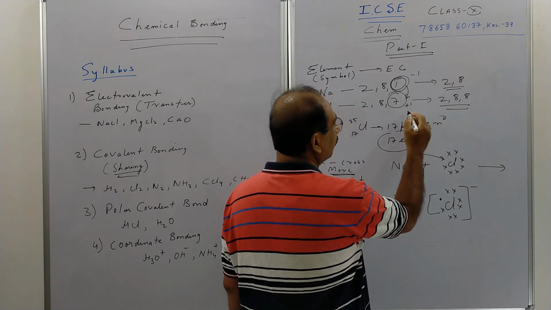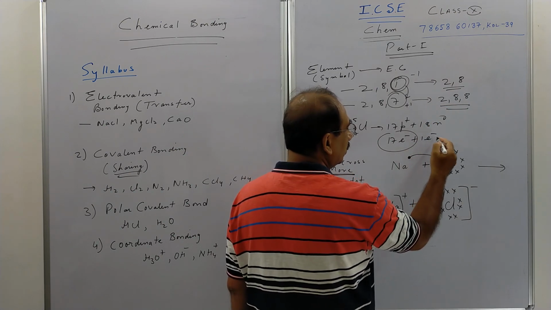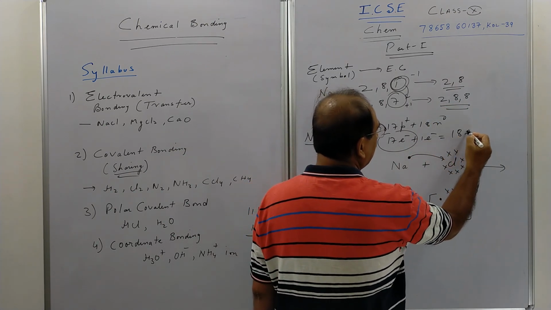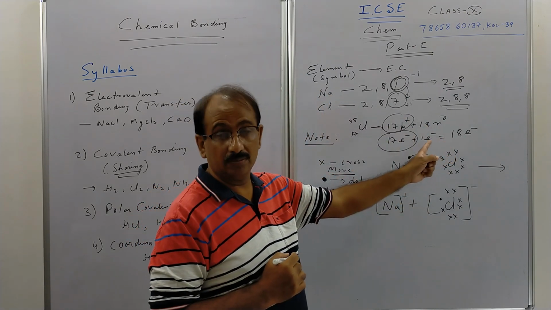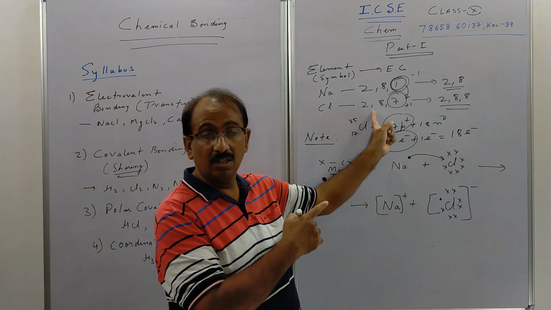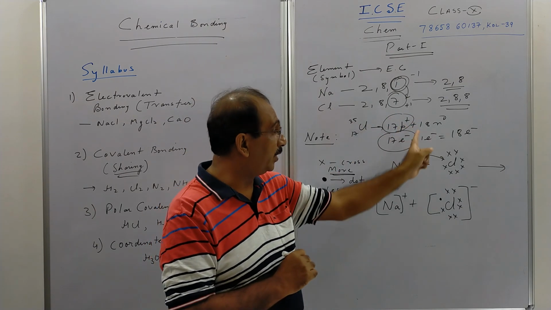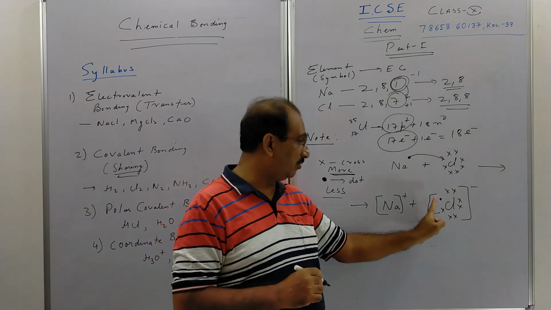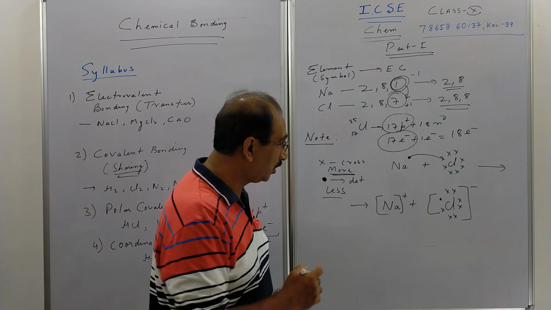So when it gains one electron from sodium, children, it becomes 2, 8, 8, 18 electrons, but it has 17 protons. So one electron is extra. See the electronic configuration: 2, 8, 7, it gets one from sodium, so it gets 2, 8, 8. So chlorine becomes negative. This electron has been transferred from sodium to chlorine.